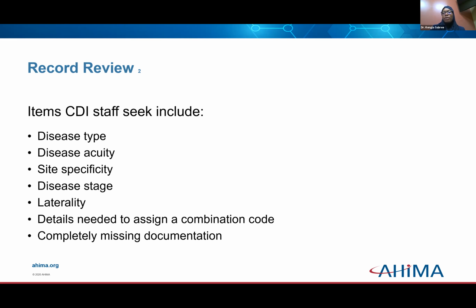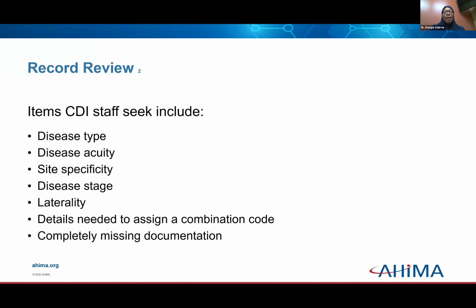So if we're thinking about site specificity, does the most accurate code require location, such as a specific lobe, distal, proximal, superior, or inferior location? So when we talk about the stage of a disease, we're thinking about how severe or advanced is that disease. When we refer to laterality, we're specifying the left or right eye, ear, or limb.